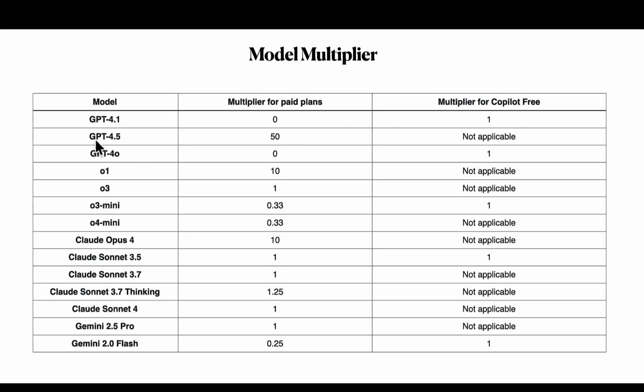So if you take GPT 4.5, each request will consume a 50 multiplier, meaning 50 requests it will consume. Again, it is not like I can send 50 instructions to Copilot. Based on its complexity, it may consider it differently.